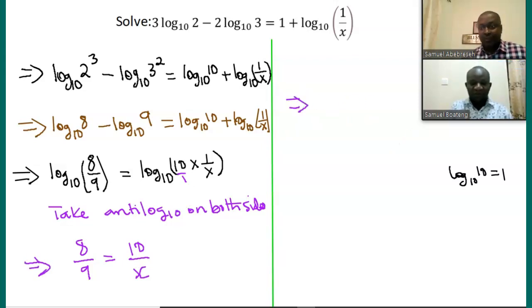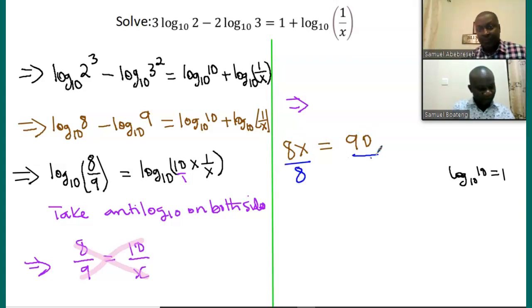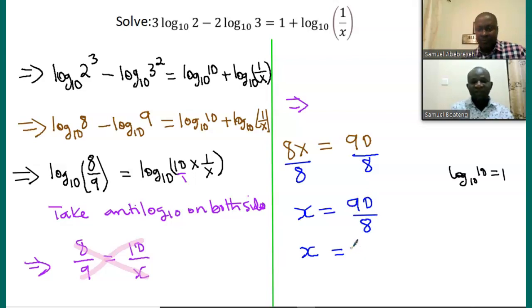So you have 8x is equal to 90. Divide both sides by 8 to get your x. So 90 on 8 is equal to 11 whole number 1 on 4.